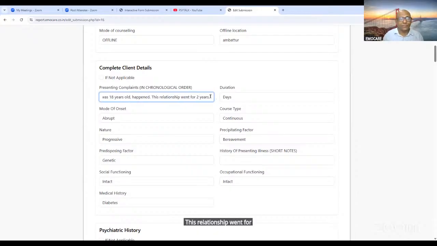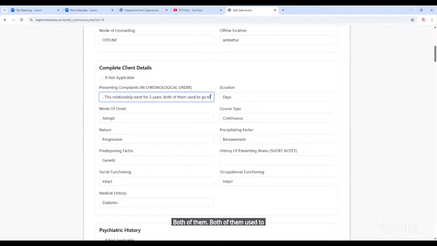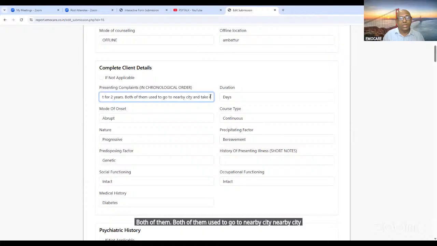Both of them used to go to a nearby city and take a room and stay and have physical intimacy.